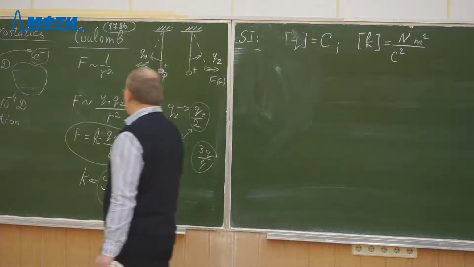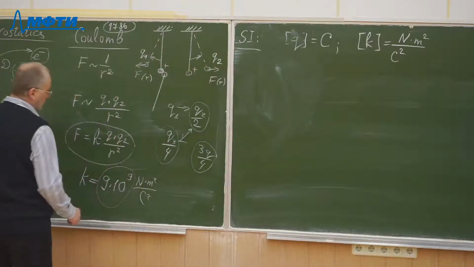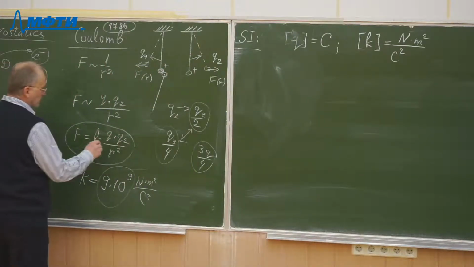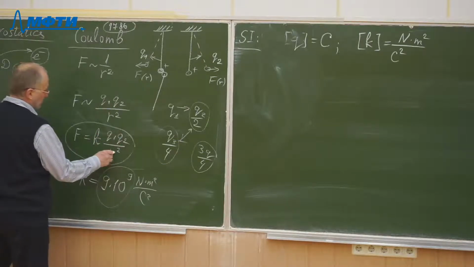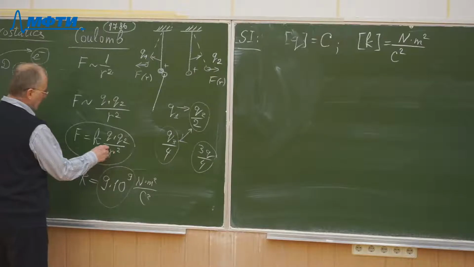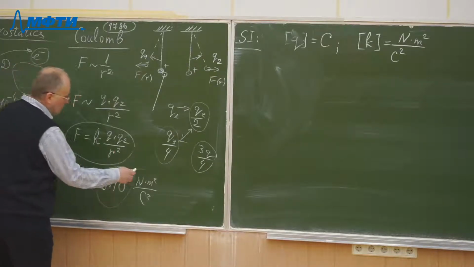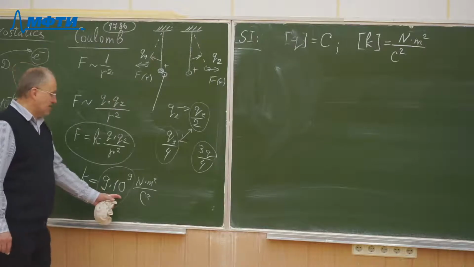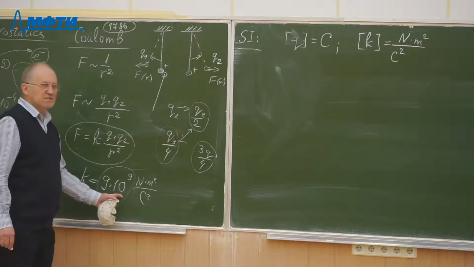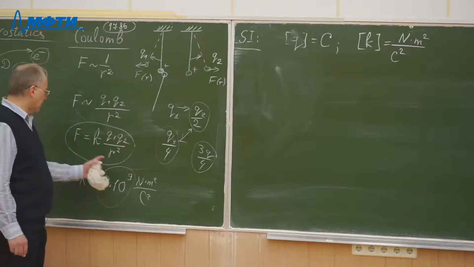Because if you take 2 point charges of 1 coulomb each, and suppose the distance between them is 1 meter, then the force will be 9 billion newtons. That is about 1 billion kilograms. That will be a million tons.